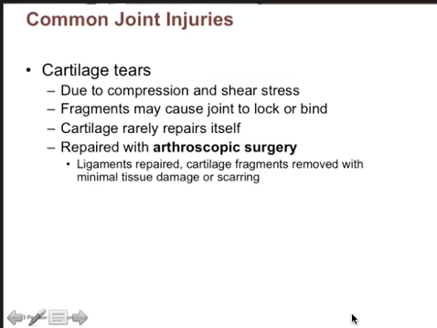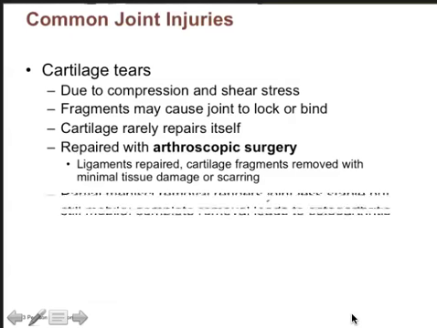The ligaments get repaired, the cartilage fragments are generally removed with minimal tissue damage and scarring. And this is a huge leap forward in the treatment of joint injuries. Before the advent of arthroscopic surgery, we used to have to open the joint capsule up completely in order to repair the ligaments and tendons and sew it back together, and the recovery time was much longer.